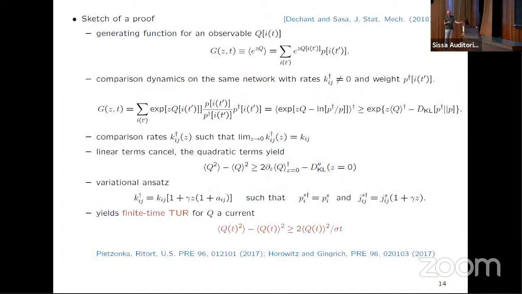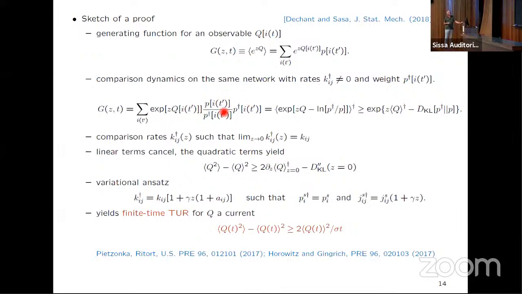This was not the original one. This is now based on work by Dechant and Sasa. They were looking at the generating function for a general observable Q, which is defined as in Hugo Touchette's talk this morning, as a functional of the trajectory. And now the idea is to bound this generating function through an auxiliary process on the same network but with different rates k dagger.